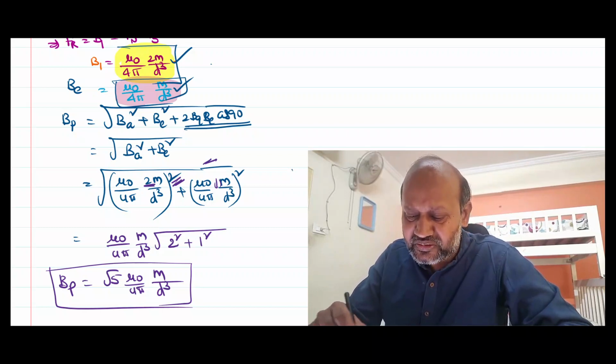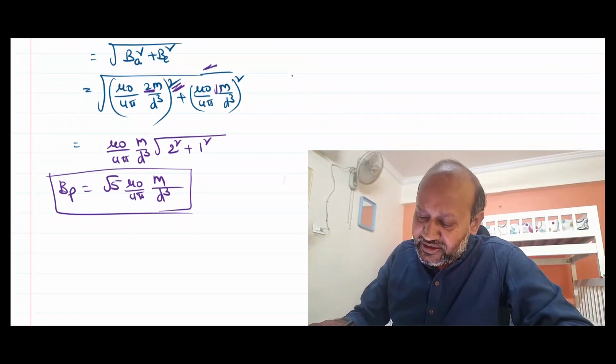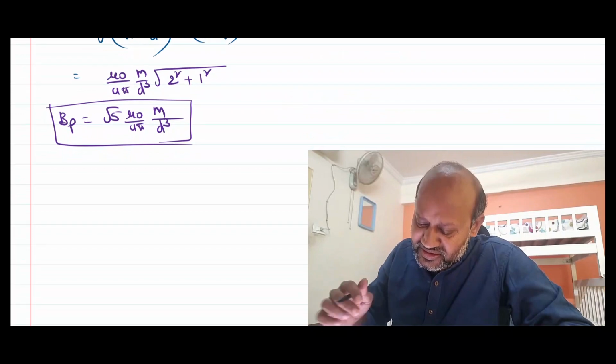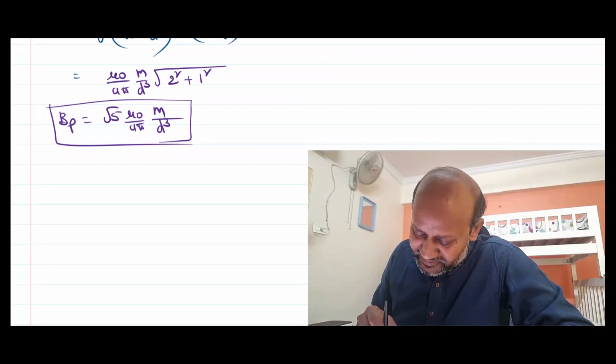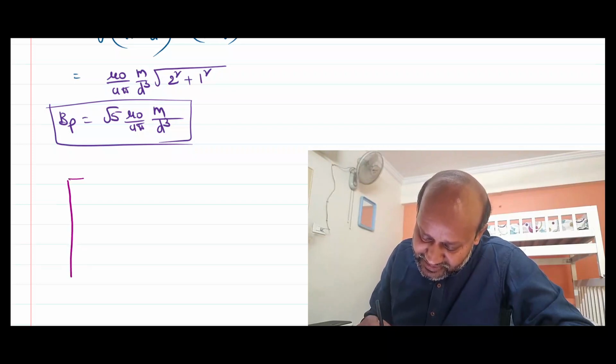I just want to draw another small diagram to show you the contrast of the same in some other way. Let us consider one bar magnet like this, having a north and south pole.